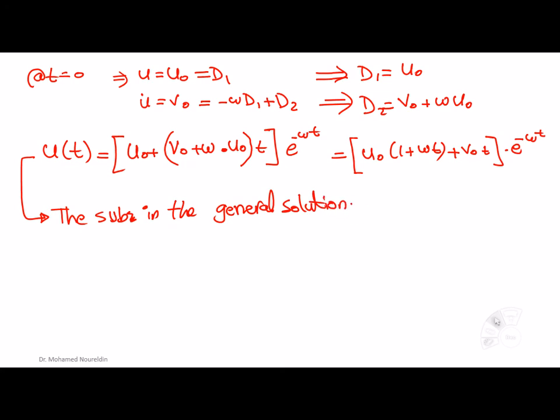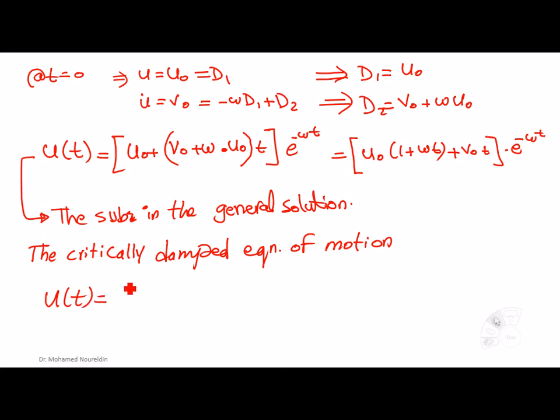So in this case, we can say the critically damped equation of motion is going to be like this: u of t equals u naught times 1 plus omega t, plus v naught t, close it, and then e to minus omega t outside.